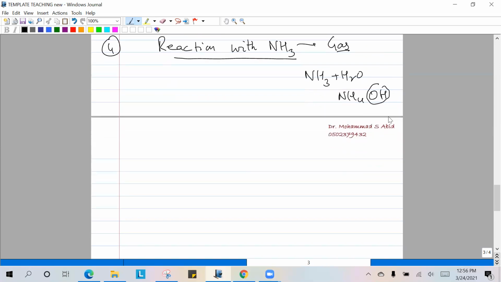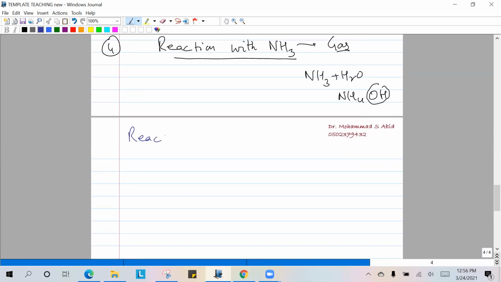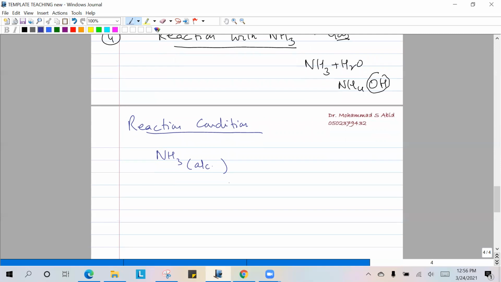So therefore, if they ask you for the reaction conditions, then what we need to know is that ammonia is to be dissolved in an alcohol. It could be any alcohol. We are just taking it as an alcohol. So that's the first thing.